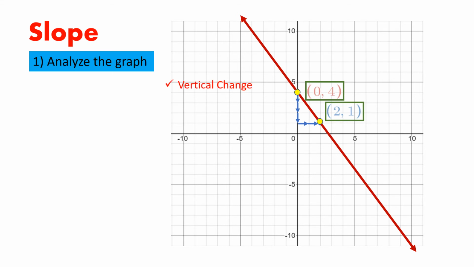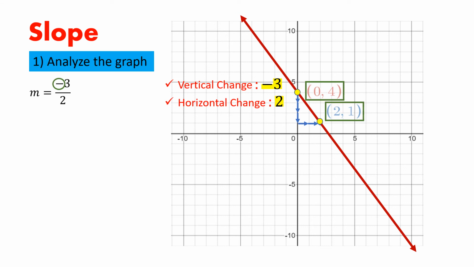So the vertical change would be -3 and the horizontal change would be 2. Using this information, we recognize that the ratio of the vertical change to the horizontal change would be -3 to 2 or -3 over 2.